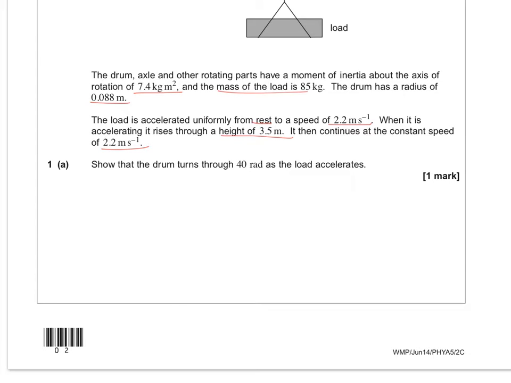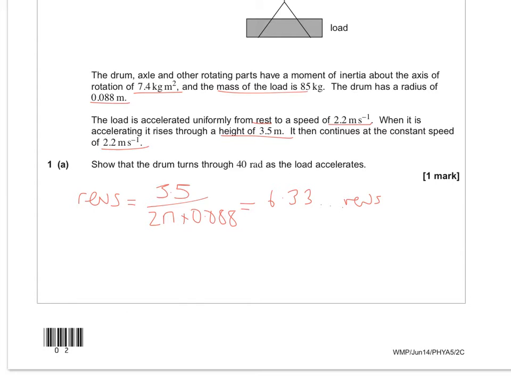So if we want to turn that into the number of rotations, the number of revolutions is going to be 3.5, and we're going to need to divide that by 2 pi r, which is 0.088. Essentially we've got the circumference, and so we're calculating the number of circumferences that pass through. So 3.5 divided by 2 times pi times 0.088 is 6.33 revolutions.